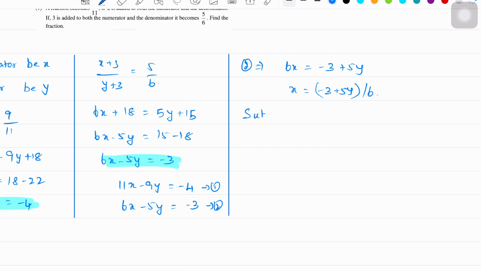Now substitute x equals (negative 3 plus 5y) over 6 in equation 1.